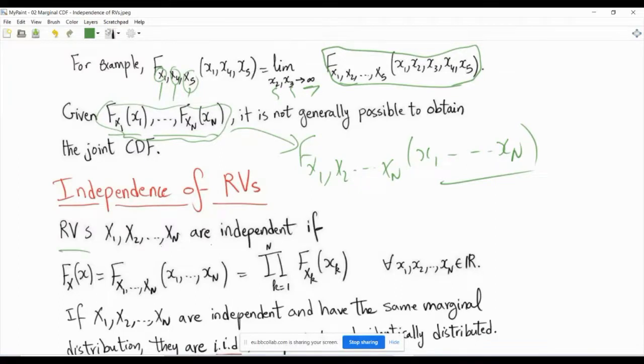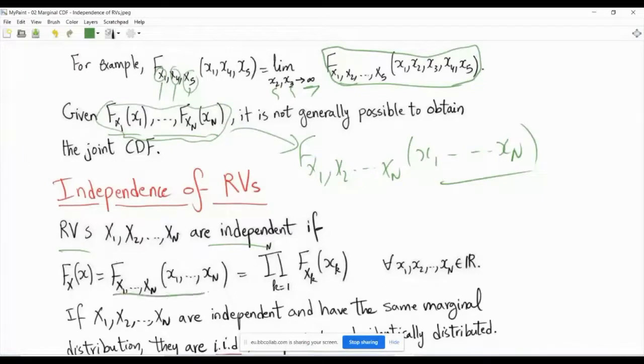So for random variables, we have independence. Okay, and so we'll take it as a matter of defining independence. We say that random variables x1, x2 till xn are independent if and only if... So basically, this is a condition: if you find the condition satisfied, then you know that the random variables are independent, and if the random variables are independent, then you know that this condition must be satisfied.